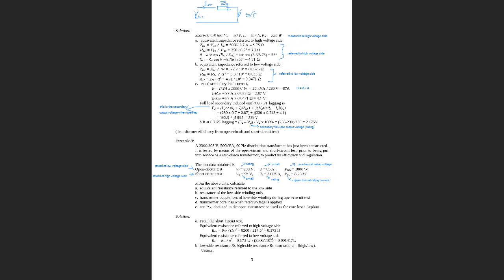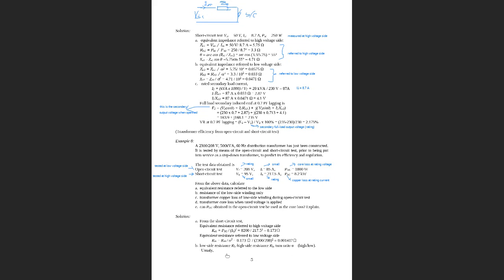The question asks you to get the resistance referred to the lower side. So the equivalent resistance referred to the lower side is the higher side resistance over the turns ratio squared, which becomes smaller. Remember, the resistance referred to the lower side is much smaller than that referred to the higher side.